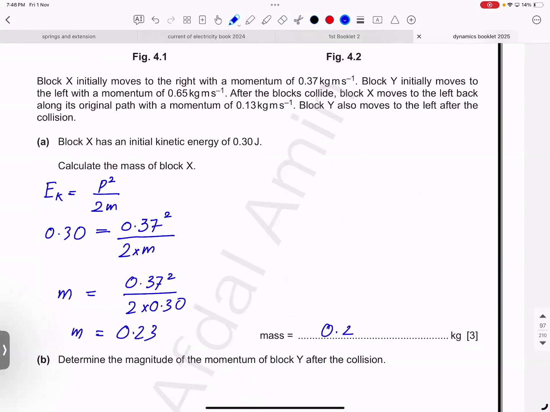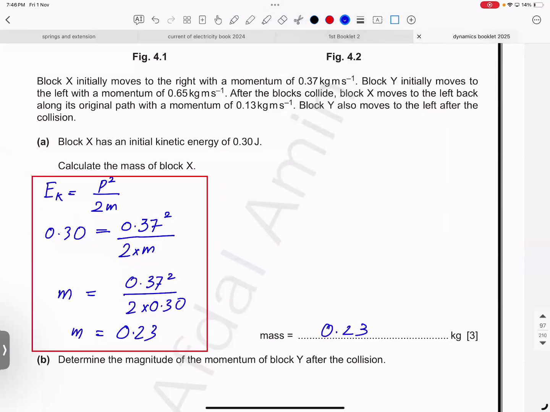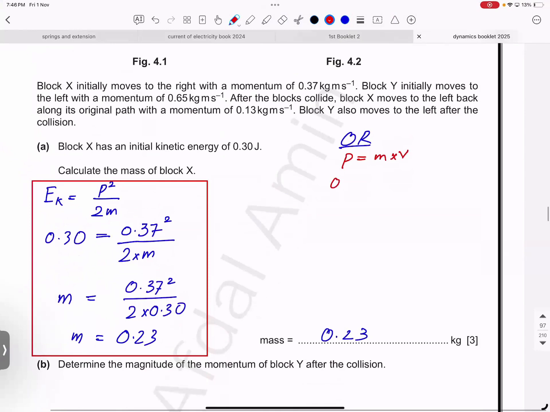There is another approach, my dear. Alternative approach here. First of all, momentum is mass times velocity. Momentum was 0.37. We know neither mass nor velocity. So make velocity the subject: 0.37 over m is the velocity.